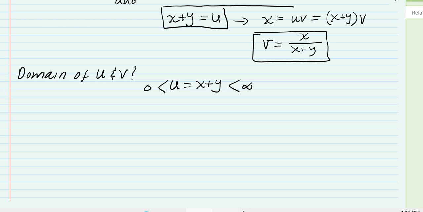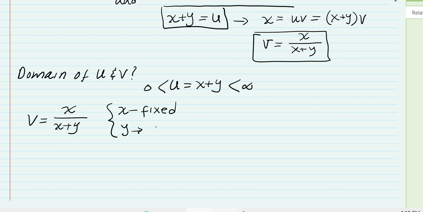Now v is done differently. To determine the domain of v, we write v again, which is x over x plus y. Here's how I went about it. I'm going to keep x fixed and let y approach infinity.